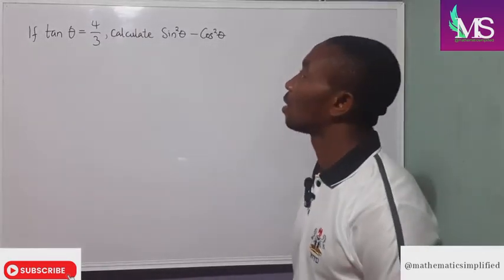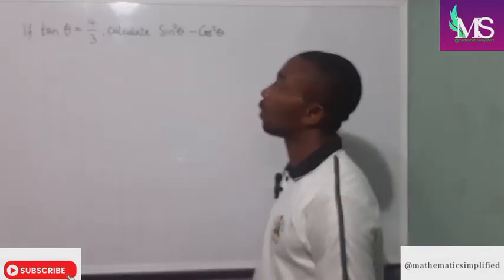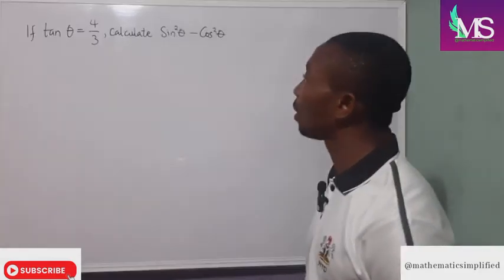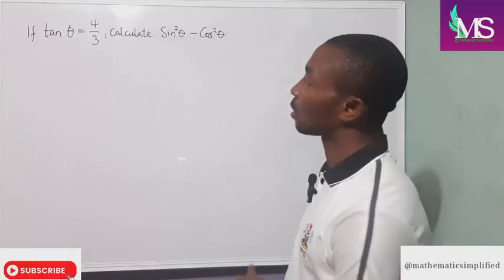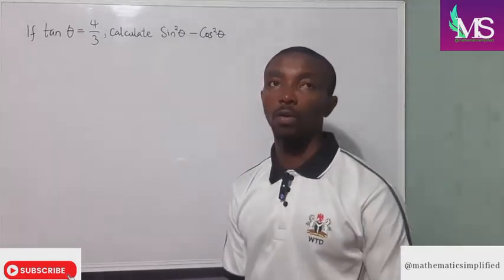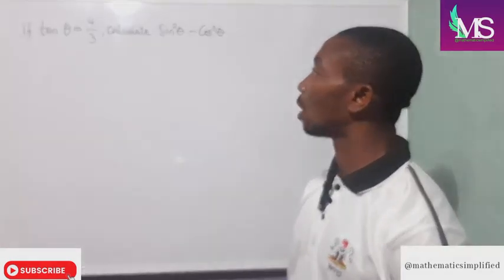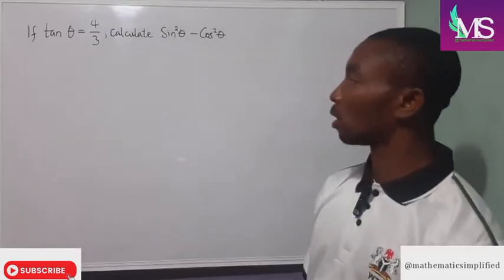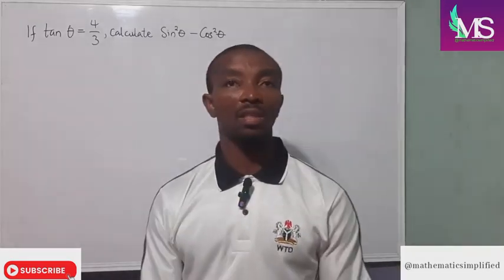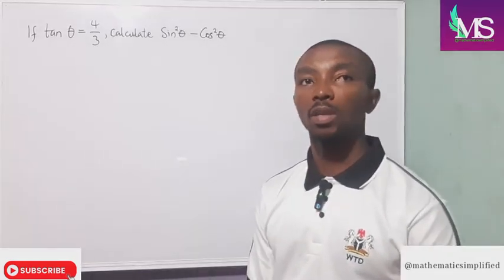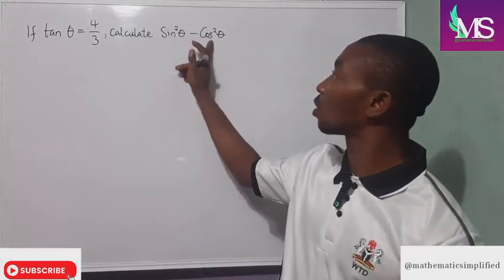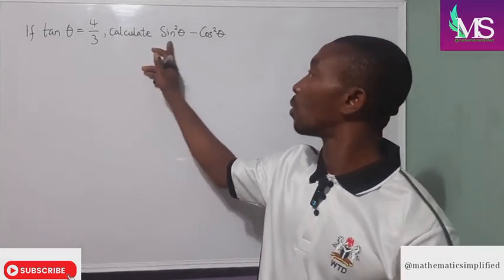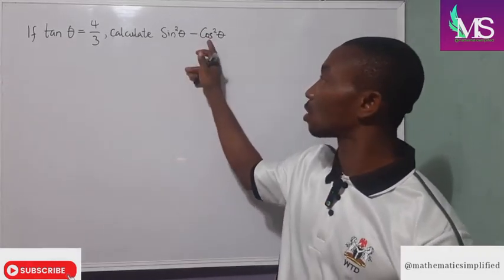If tan theta equals 4 over 3, calculate sine squared theta minus cos squared theta. Now, in solving this, we'll first have to find out what our hypotenuse is, since we know that tan theta equals opposite over adjacent. And sine and cos have to do with opposite over hypotenuse and adjacent over hypotenuse.